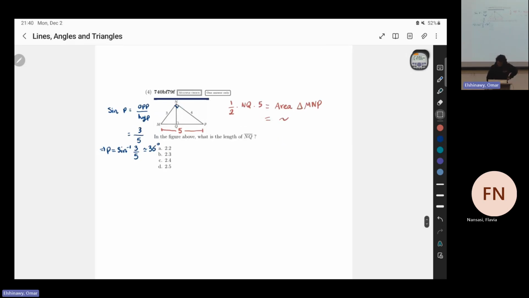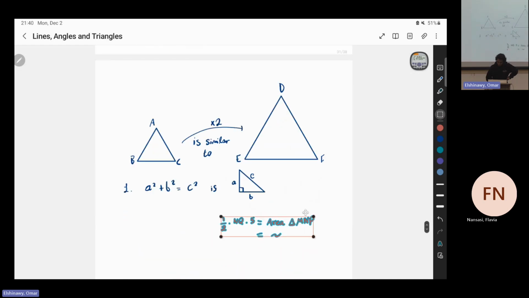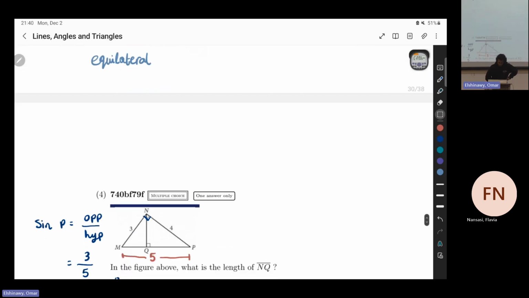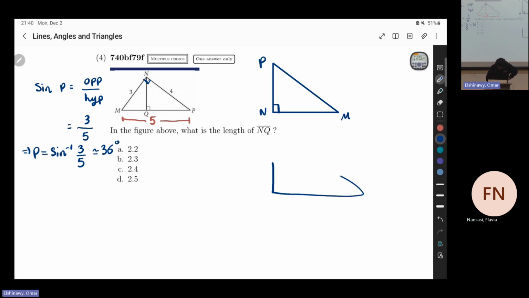So you want to make use of the fact that we have two right angle triangles here. We have one right angle triangle, which is NQP, and another right angle triangle.